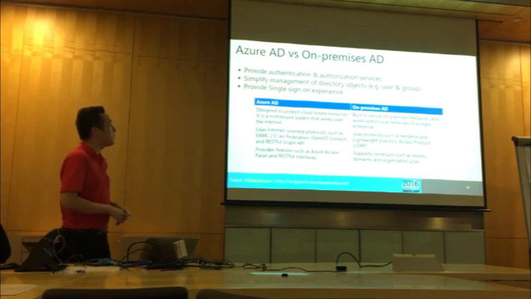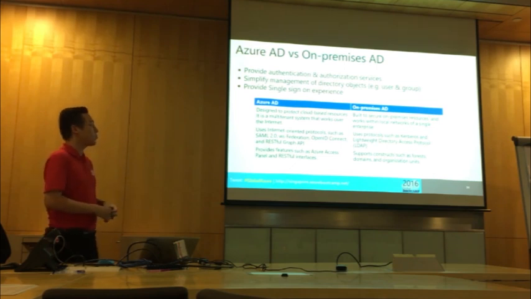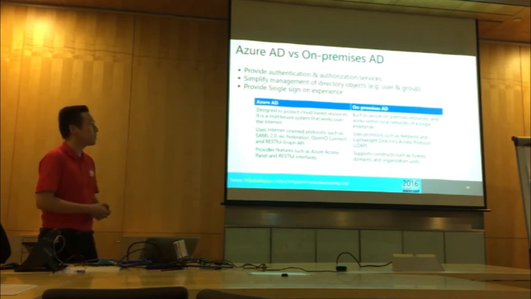In Azure AD, the protocols are new authentication protocols like SAML, WS-Federation, OpenID, or RESTful Graph APIs, which Microsoft recently announced. And on premises, you are probably familiar with Kerberos or the LDAP protocol.